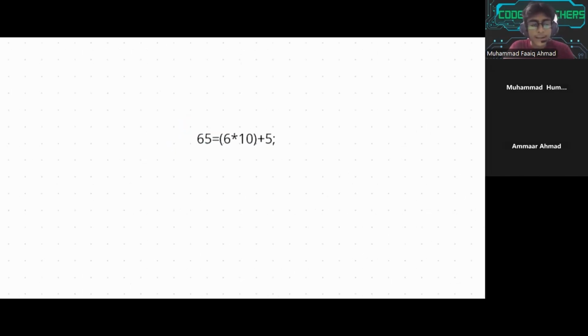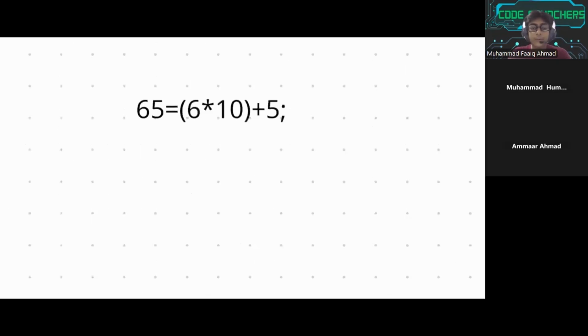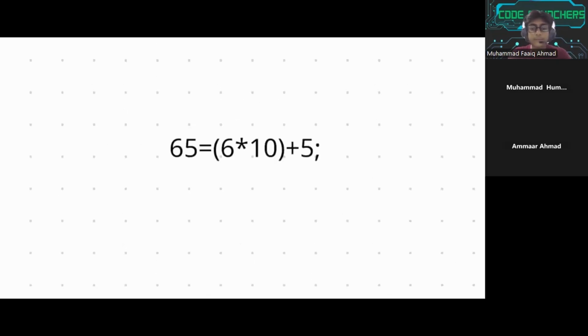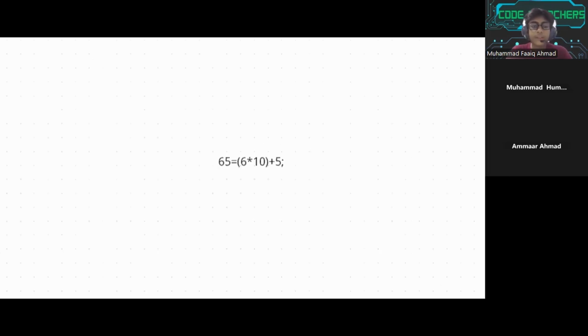Is it correct or not? Means can 65 be written as 6 into 10 plus 5? Yes. What about the other candidate? Can 65 be written as 6 into 10 plus 5? Yes? Okay. So the same logic has to be used in this program. You will chop the numbers in reverse and then you will write them in this form.